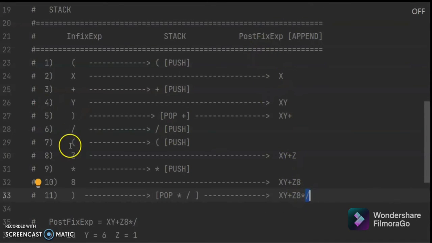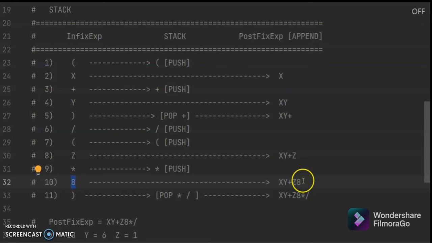So I will explain from here also. This is the left parenthesis. Left parenthesis means you are pushing it to the stack. Next, z. Z is an operand. This is a variable. If any operand or value is there, you will be adding it to the postfix expression. So you will have xy plus z. Then the operator is pushed to the stack, then 8 is again added to the postfix expression.